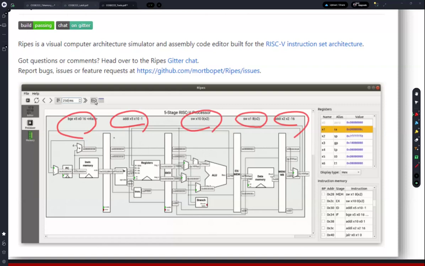You can also observe the content in the register file, and also observe the pipeline stalls and data forwarding. Using this graphical simulator, RIPES, I think it's a very good application, a good simulator.